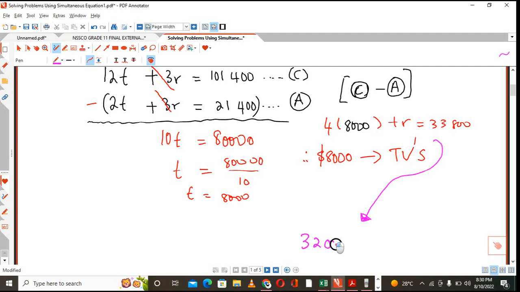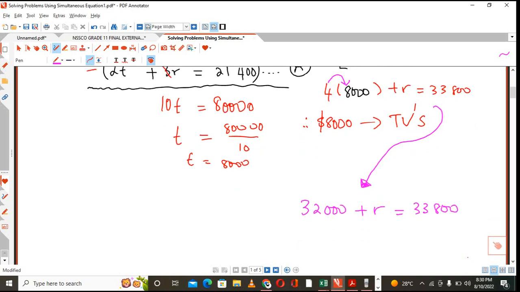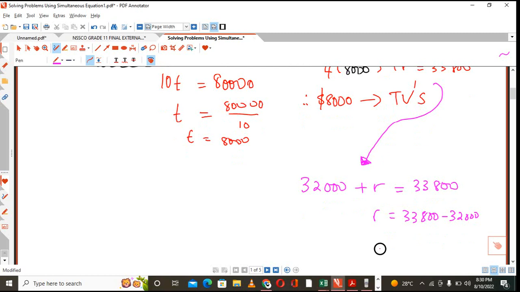That is 4 times 8,000, plus R, and that should equal 33,800. What is now left is to subtract 32,000 from both sides.